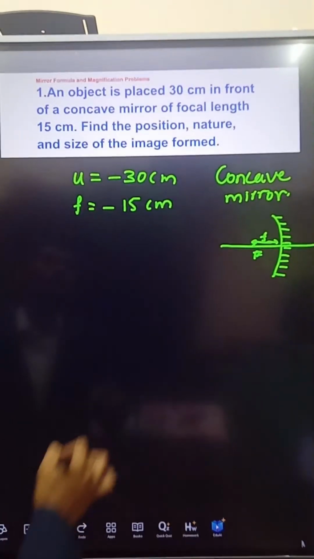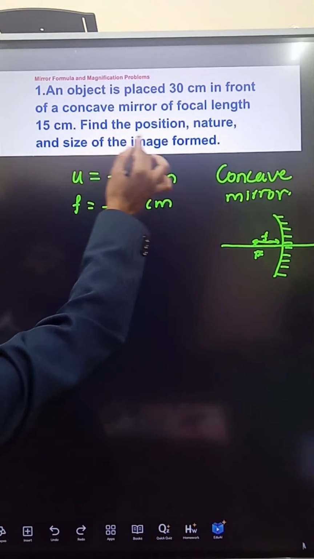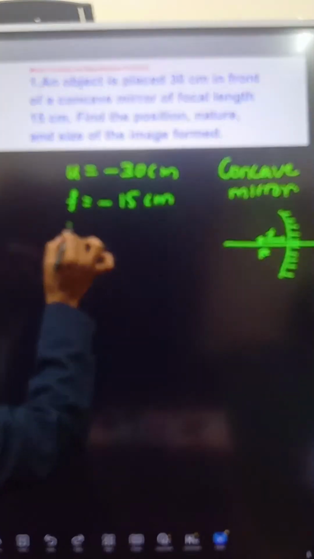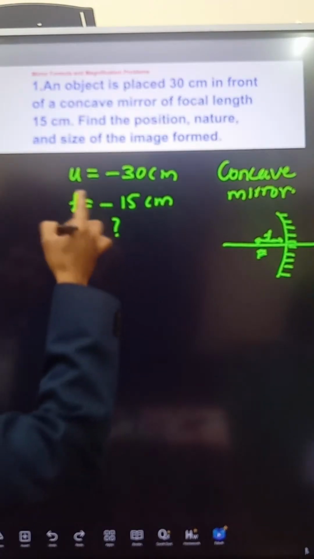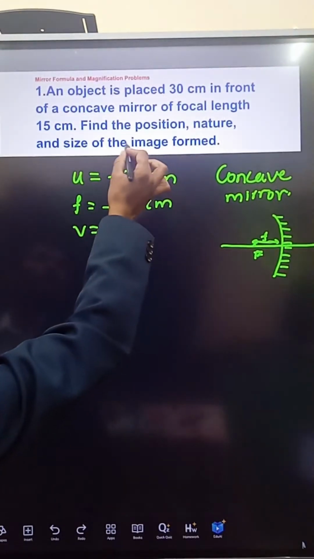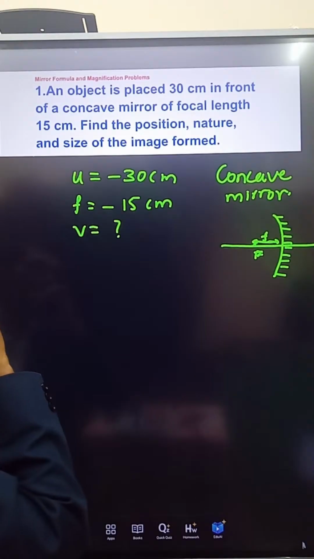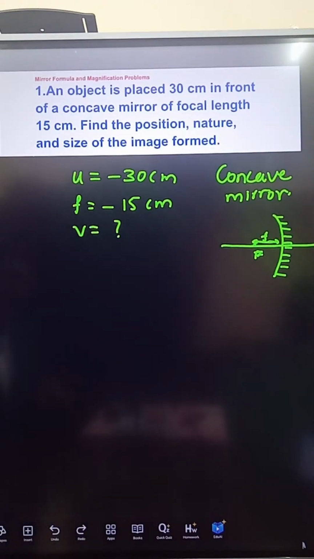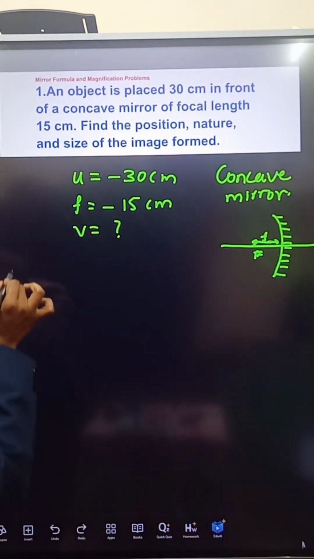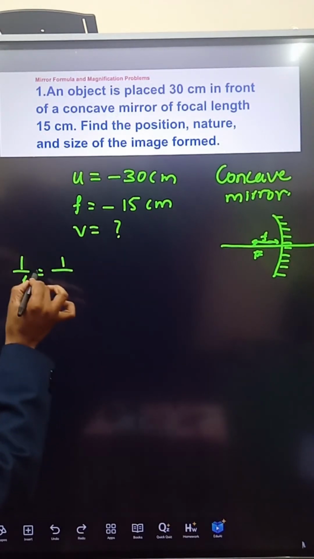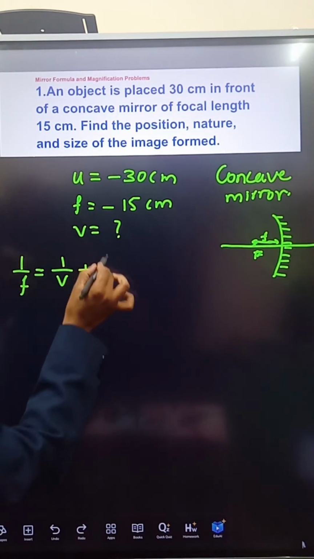Now what we need to calculate here: find the position, that means where the image is formed. They are also asking the position, nature and size of the image, right? Before going ahead with sizes and all, let us calculate this first. The formula is 1 by f is equal to 1 by v plus 1 by u.